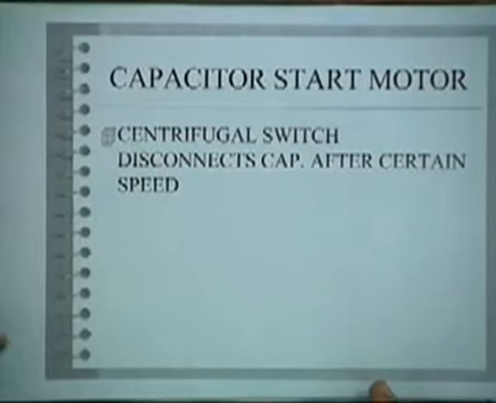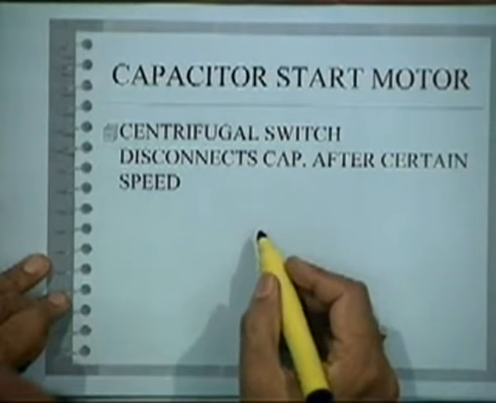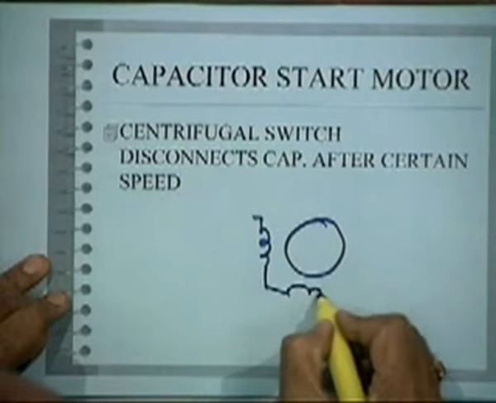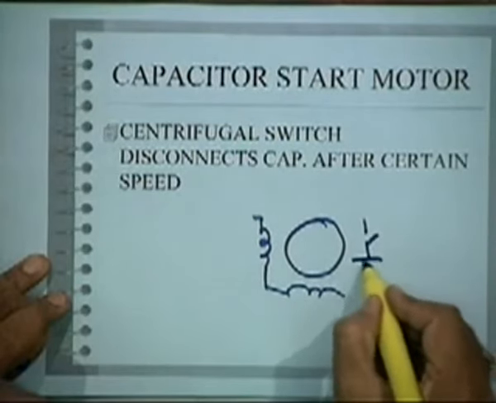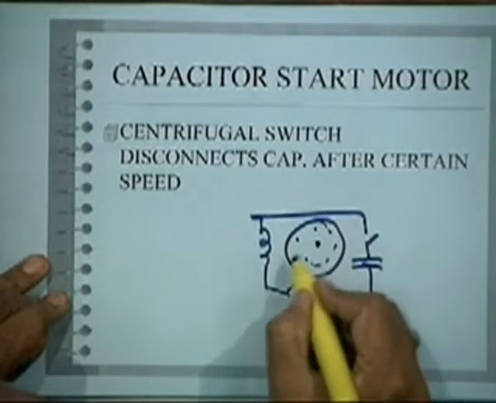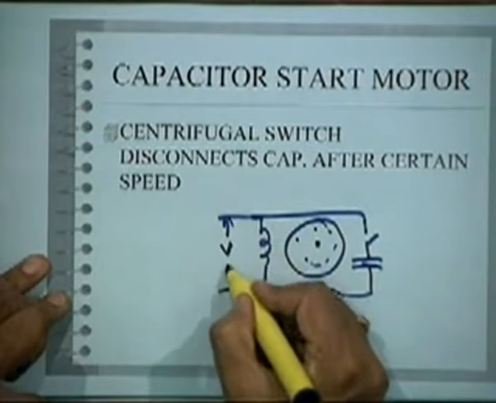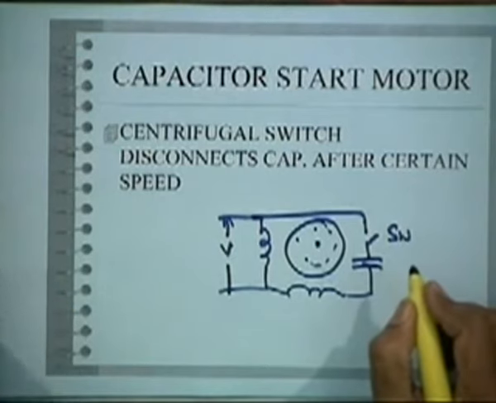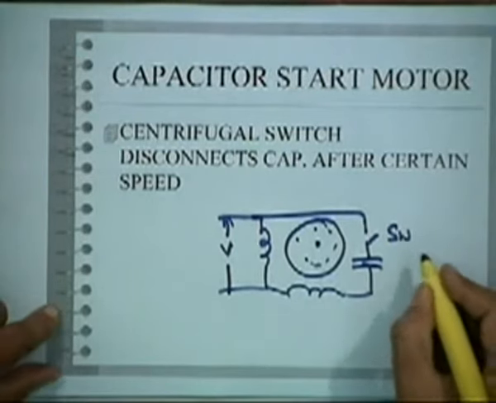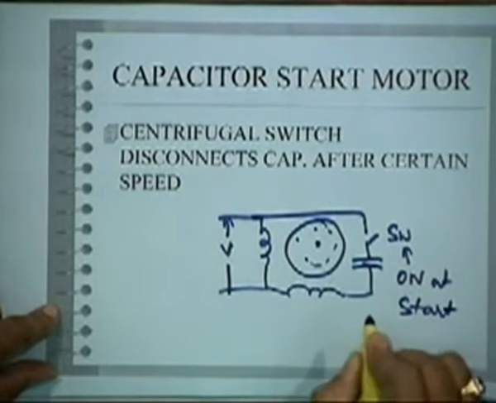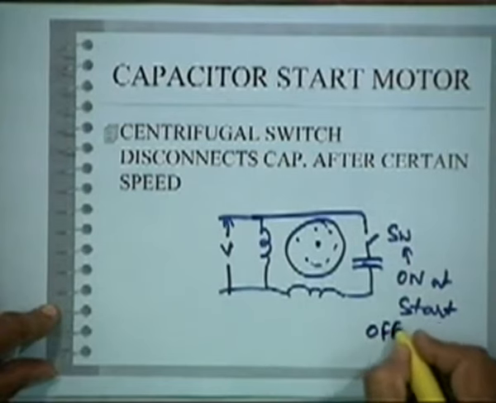Now the capacitor start motor. You have M and A winding, but you have a switch. This is the switch. Now the switch is on at start, but off at run.